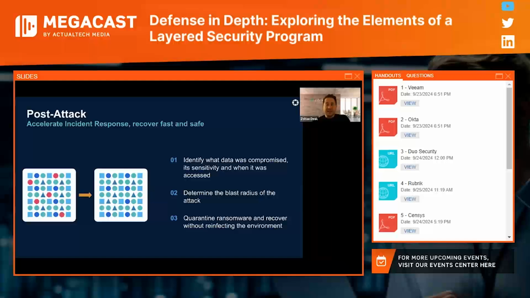We need to understand what data was compromised. We need to know when that data was compromised so we understand what a safe recovery point is. And Rubrik's tools allow you to quickly identify these things and identify and quarantine any malicious files so we can prevent reinfection when we restore.